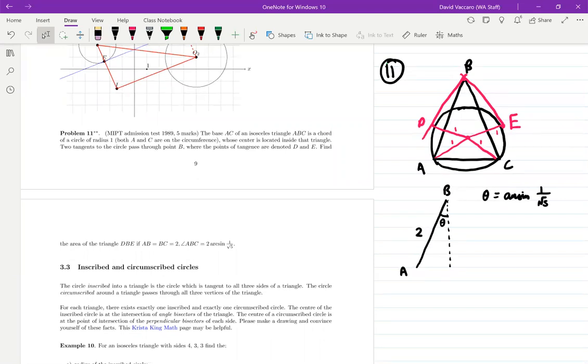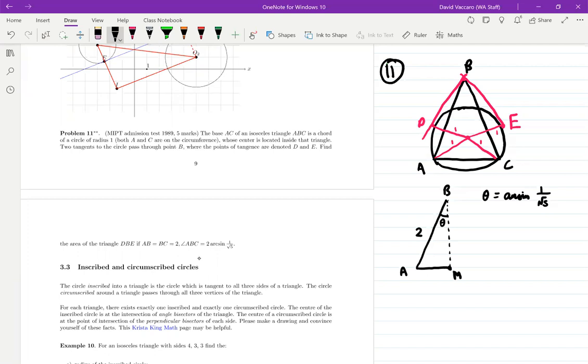And we need to find the area of the triangle DBE.